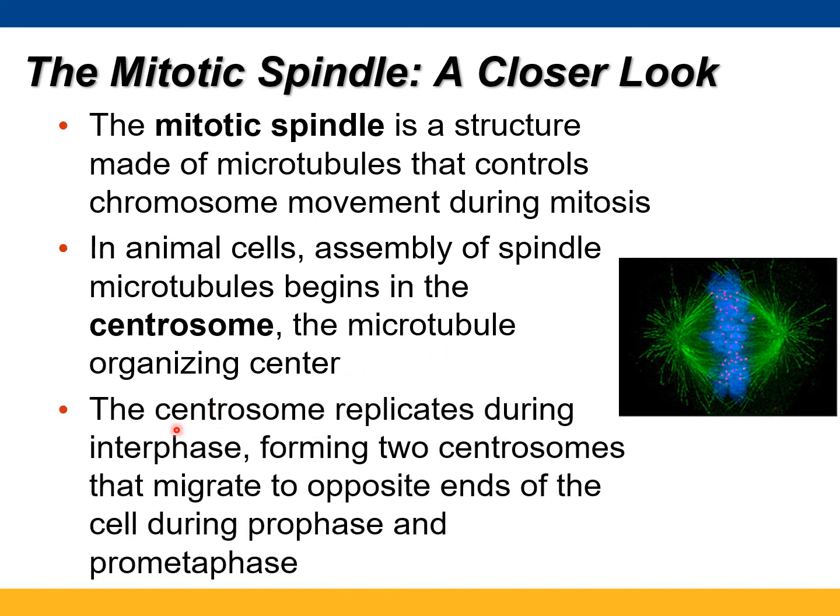We do replicate it when the cell has been signaled to divide, in order to prepare for that division. And when the mitosis phase ensues, the centrosomes go to opposite ends of the cell and begin synthesizing microtubules to prepare that spindle.